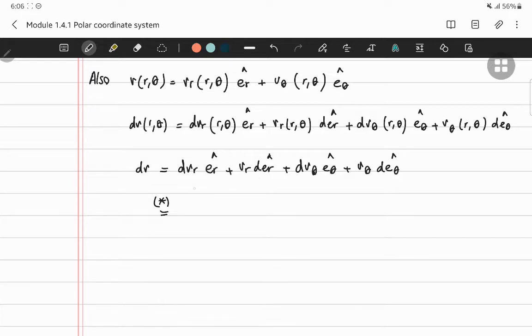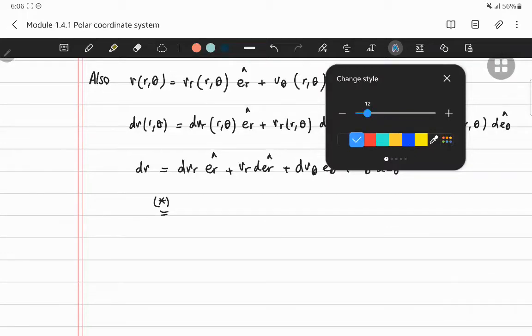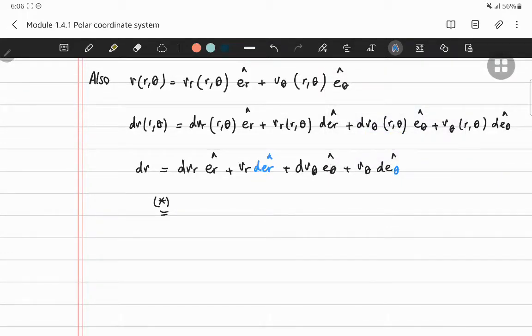So let me just change color maybe. So I have de_r and de_theta. So I have dv_r e_r plus v_r. So de_r is d theta e_theta, plus dv_theta e_theta plus v_theta. And de_theta is minus d theta e_r.